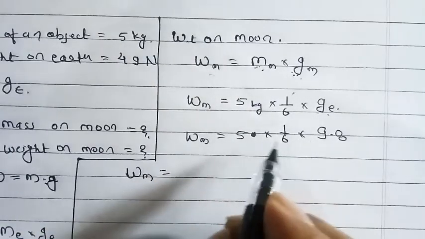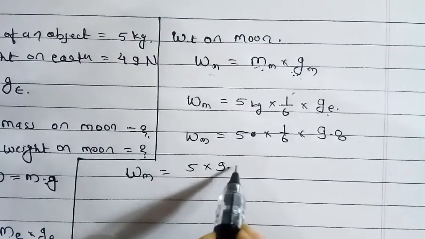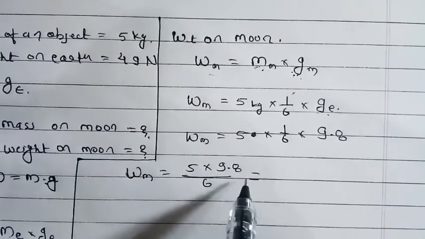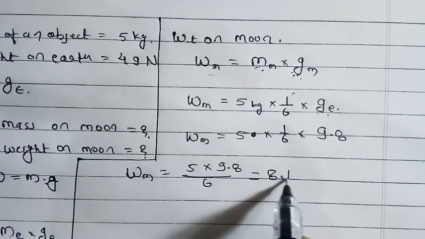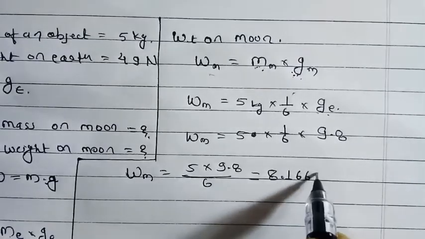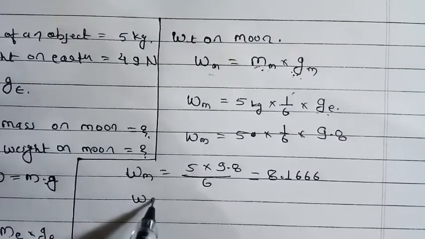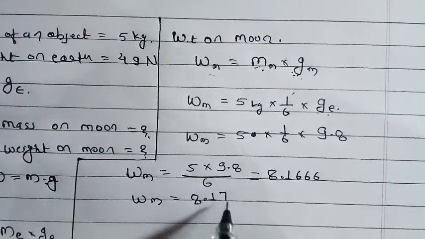If we solve, we get 5 into 9.8 divided by 6, which is 8.1666, or we can write weight on moon equals 8.17.